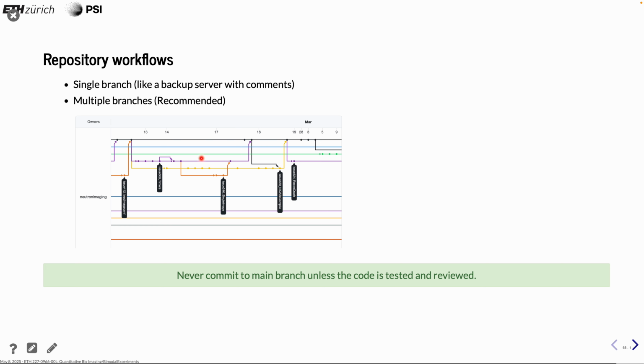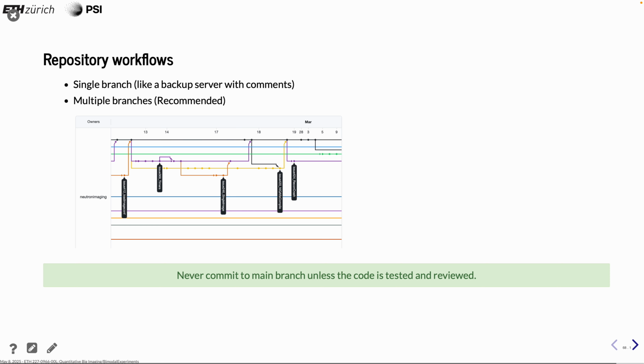The black one is the main branch, and depending on different issues, I have then several branches. You can see here that I have branches starting here, and I synchronize them and merge them back into each other and so on.